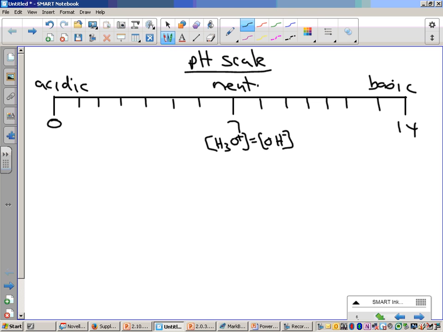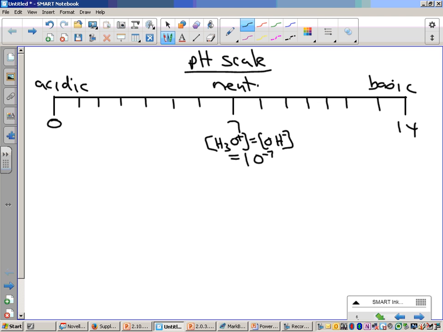And we might also remember that that concentration is also equal to 10 to the negative 7, because remember, pH is the power, the exponent, right, of the concentration of H3O plus.